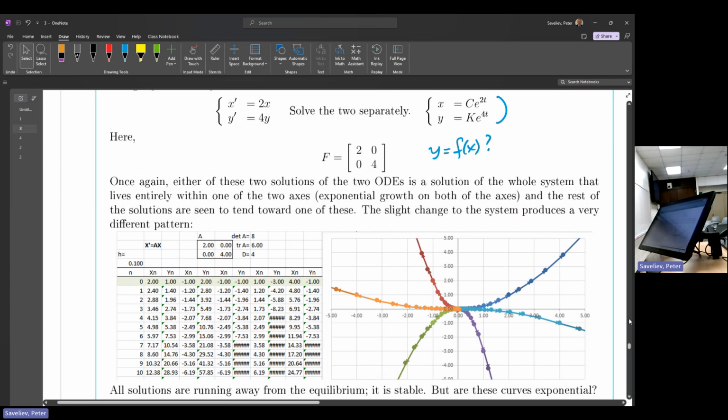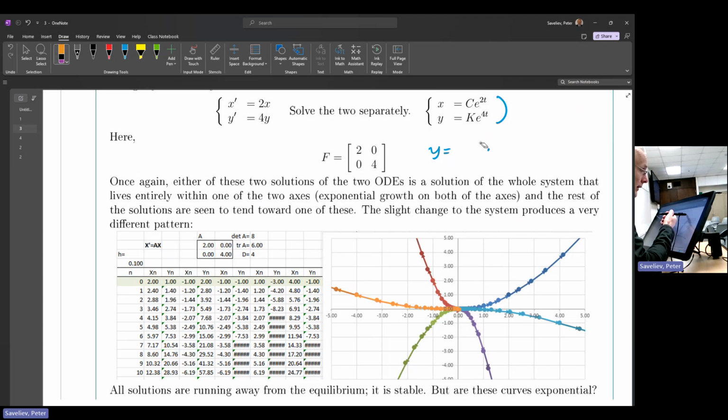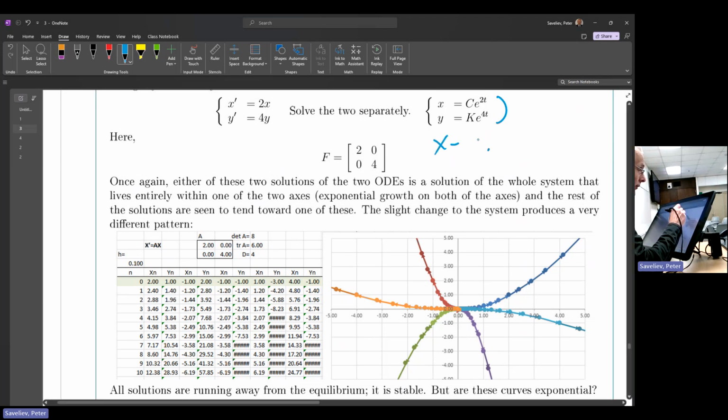They're definitely different, and they're colored differently. I'm not saying that brown and blue form one parabola. I'm saying each of these looks like a parabola. And now you know better than to just conclude that it's a parabola. Maybe not, probably not. But if you look carefully, then you realize that. Look at it: if x is equal to e^(2t) and y equal to e^(4t), what's the relation between x and t?